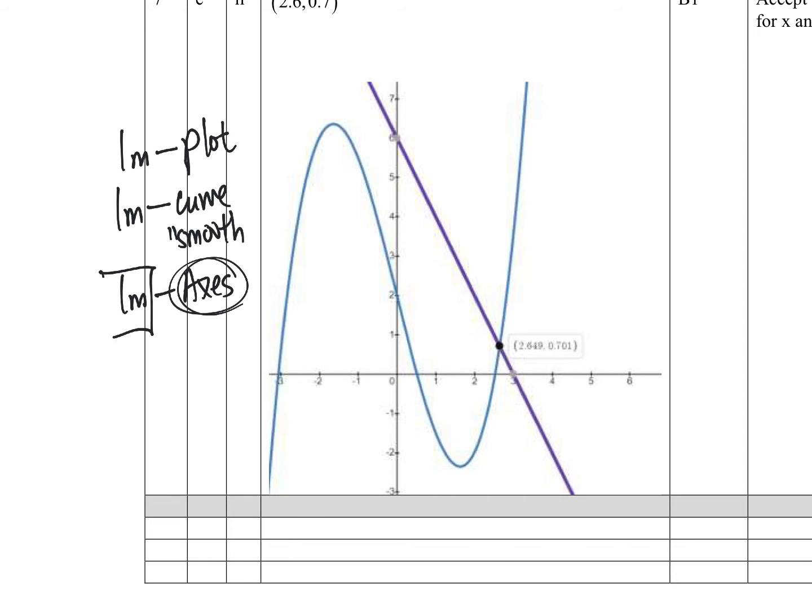So by default, I think all of you get the axis mark. It was like a giveaway, because the scale for the x-axis and the y-axis were all marked out for you already. So that's why it's like giving you 1 mark for free.